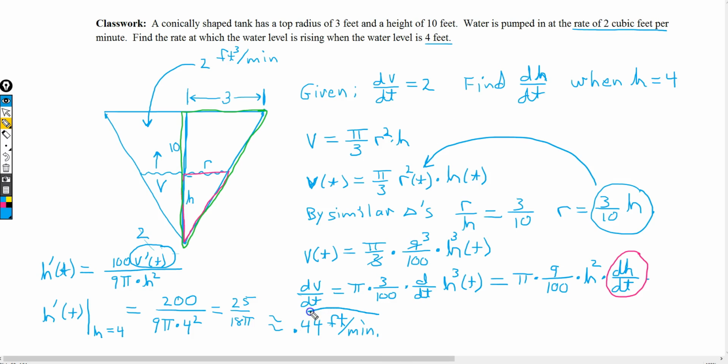And so there is our answer finally. So the water level is rising at the rate of 0.44 feet per minute when the water level is 4 feet deep. And so that concludes this lesson on related rates.